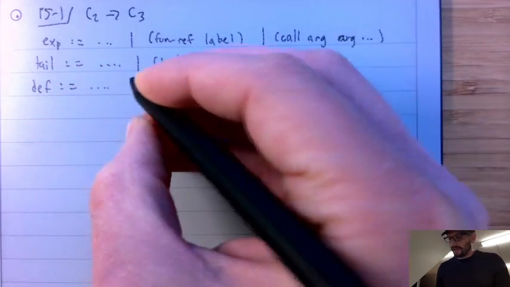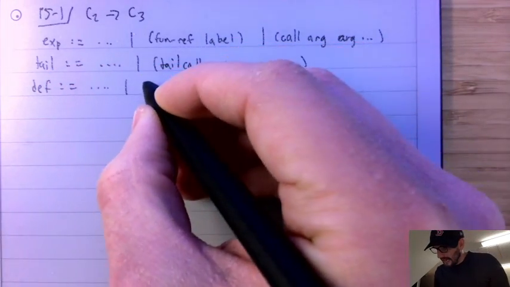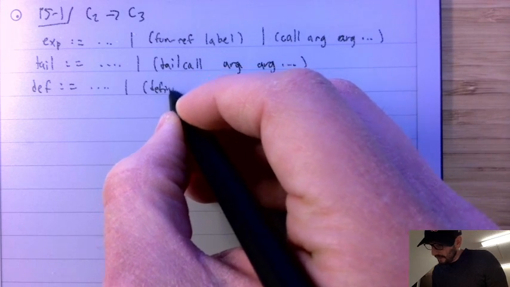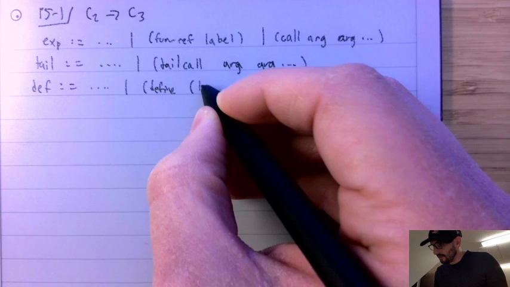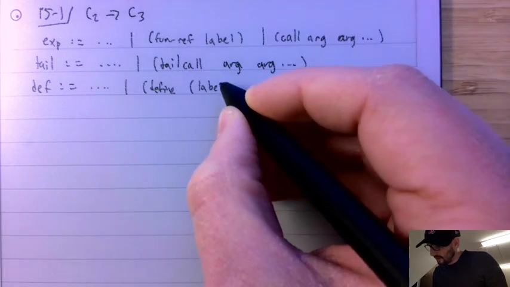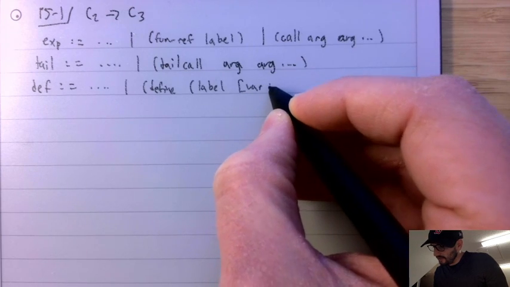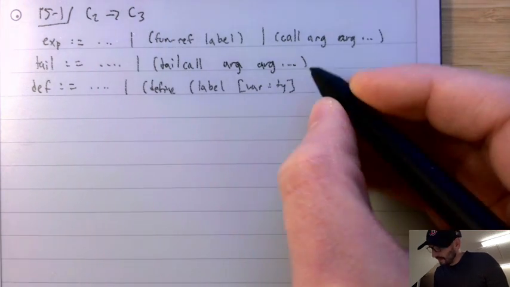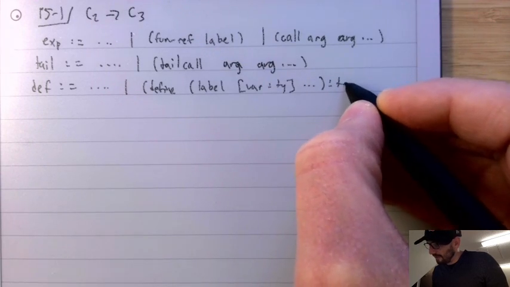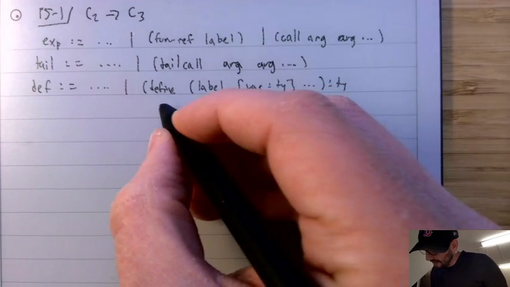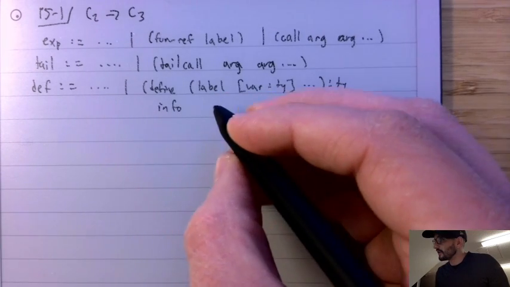Then what we're going to do is we're going to have definitions in the C language, just like we have in the R language. So we're going to have a define with a label, and the label has variables with certain types and a return type. Then we have some info about this particular function.